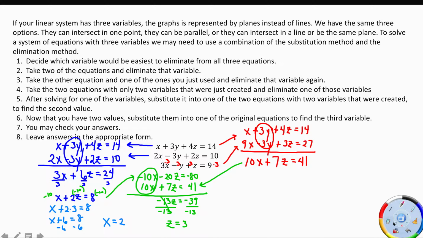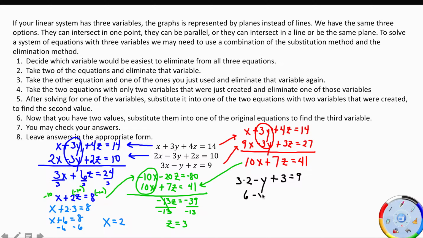Now that I know x and z, now I can plug them into one of my original equations and figure out what y is. I'm going to plug into this bottom one just because my numbers are smaller. So I have 3 times 2 minus y is what I'm looking for, plus z, which I know now is 3, equals 9.